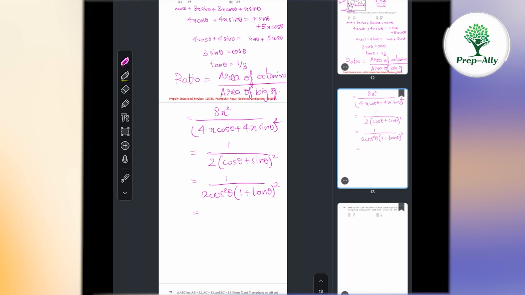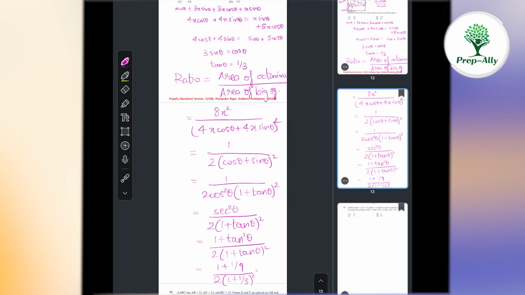So this is equal to secant square theta by 2 times 1 plus tan theta the whole square, which equals 1 plus tan square theta by 2 into 1 plus tan theta the whole square, which equals 1 plus 1 by 9 divided by 2 times 1 plus 1 by 3 the whole square.